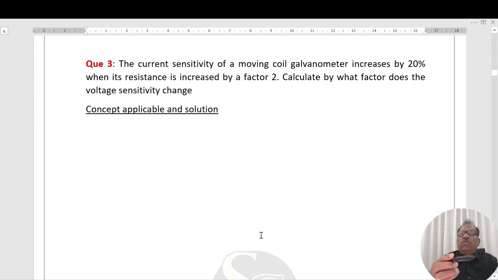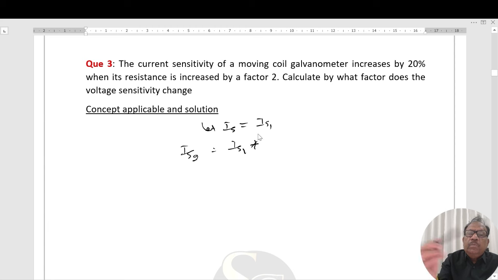The current sensitivity of a moving coil galvanometer increases by 20%. Let the initial current sensitivity be IS1. Then IS2 will be equal to IS1 plus 20 by 100 IS1.